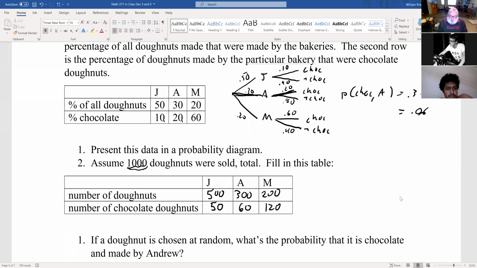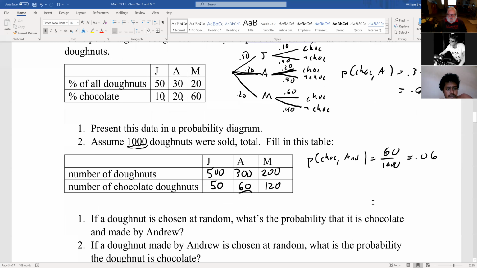If we do it this way, Andrew made 60 chocolate donuts out of 1,000, 0.06. So it's the same thing, just a slightly different way to calculate it.